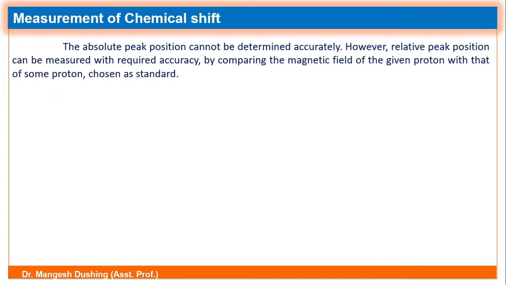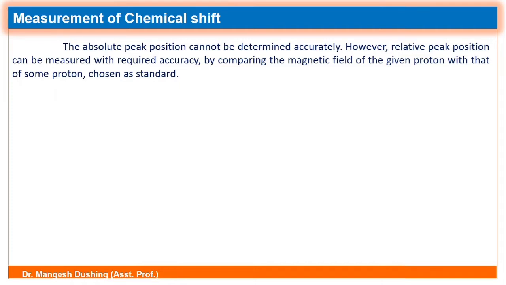But the difference in magnetic field or frequency absorbed by different protons is very small as compared to the applied magnetic field, like 14,000 Gauss or 100 megahertz frequency. So the difference between different protons' absorption is very small.